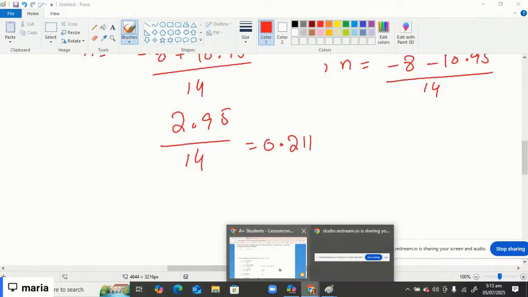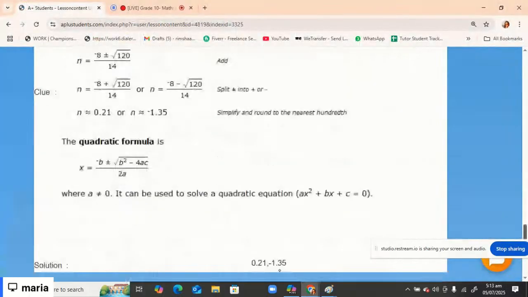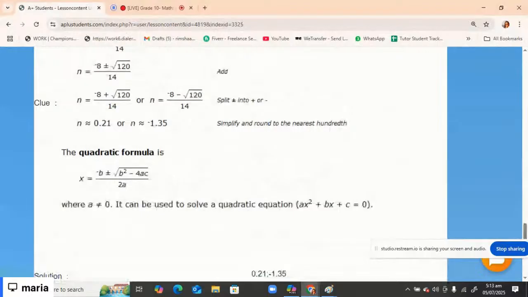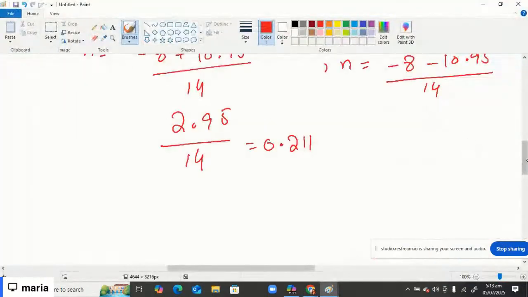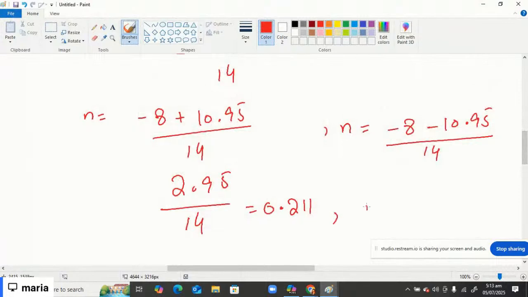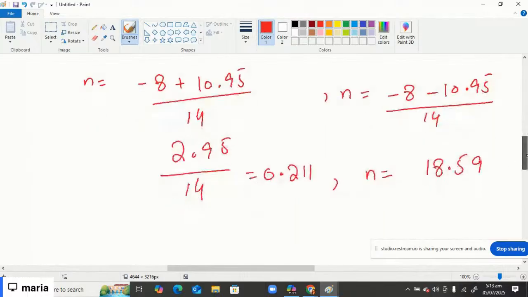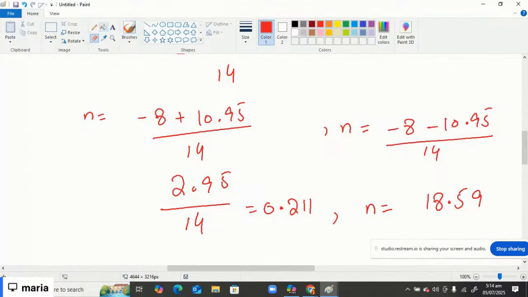Now let's see, 0.211 is the answer. Now for the second, n is equal to minus 8 and minus, it means that we are going to add up. So 8 added to 10.95 is 18.95. And which sign do you put with it?